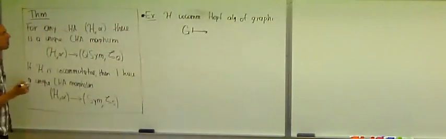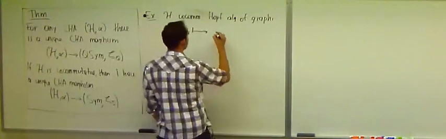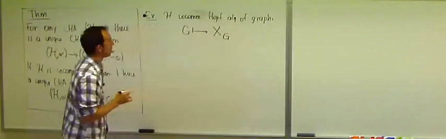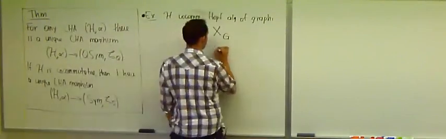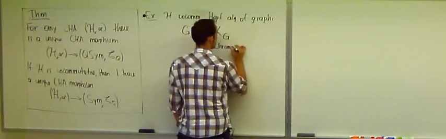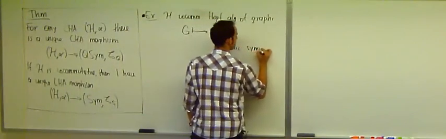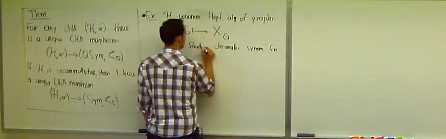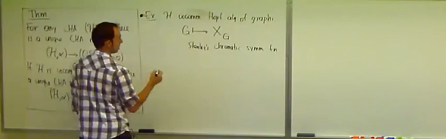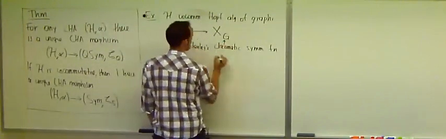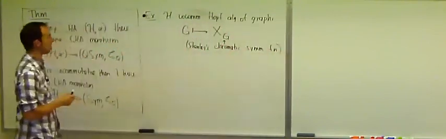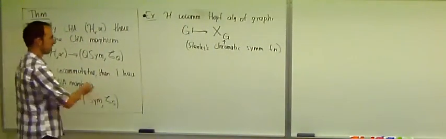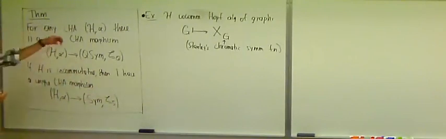Okay? And we said that this symmetric function is called the chromatic symmetric function. Stanley first constructed this. And the point is that if you look at it from this point of view, then this is not a clever construction.